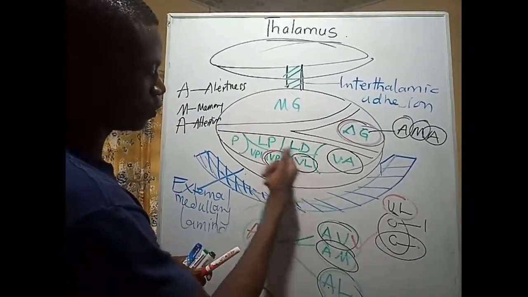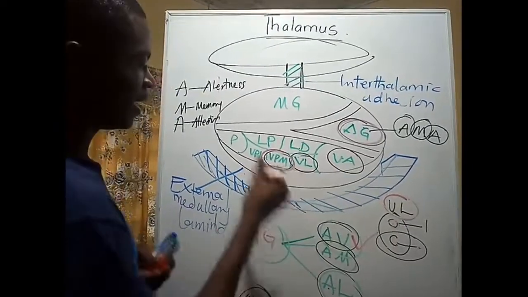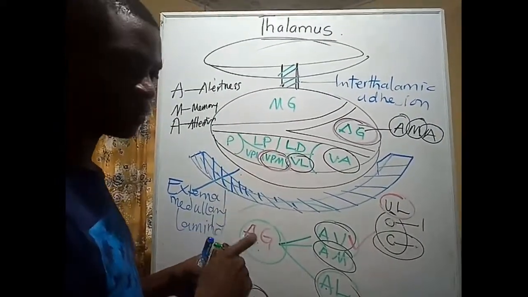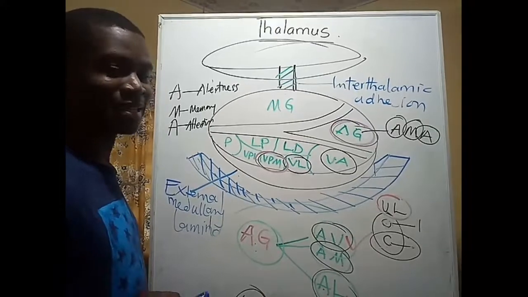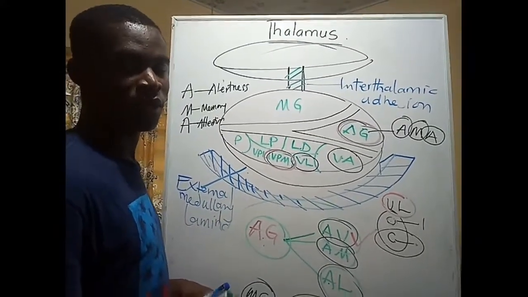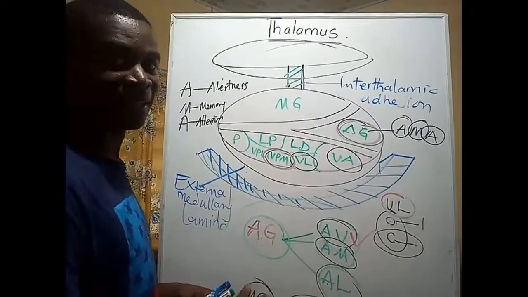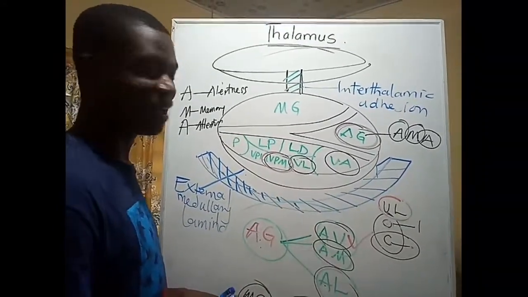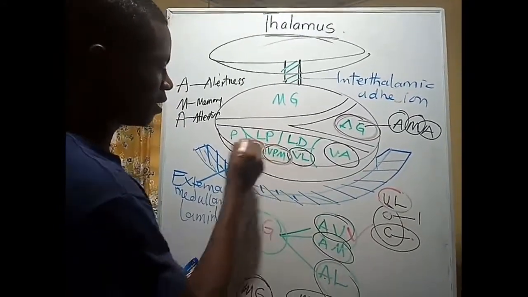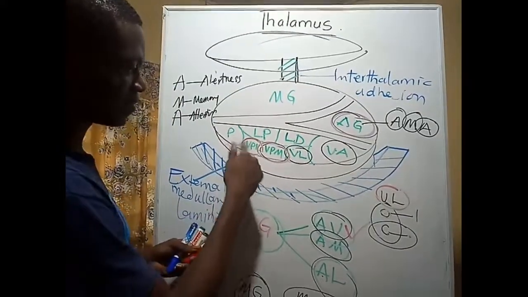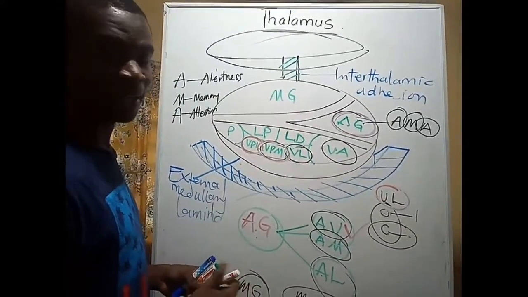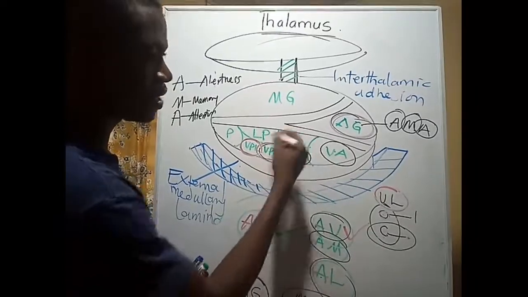And then for the ventral posterolateral, think about the ascending sensory neurons from the various muscles. So we have the spinothalamic tract, the medial lemniscus. They all come to this part first. Is that okay?